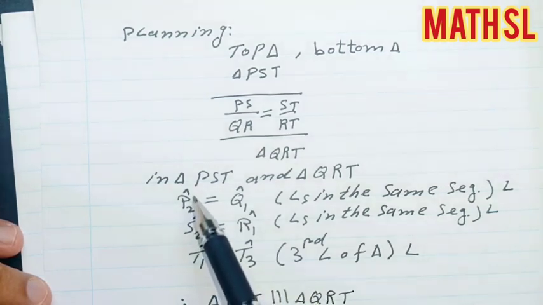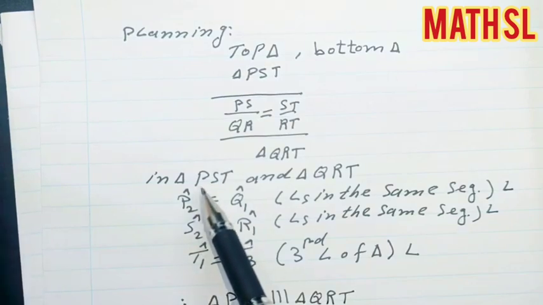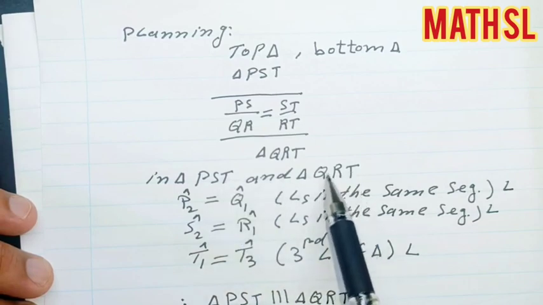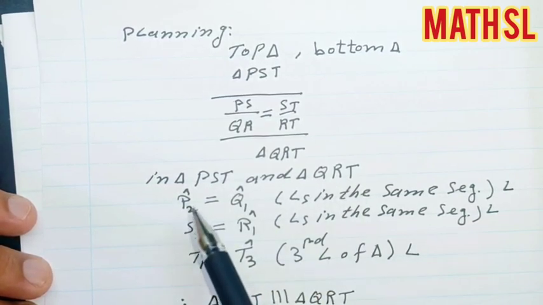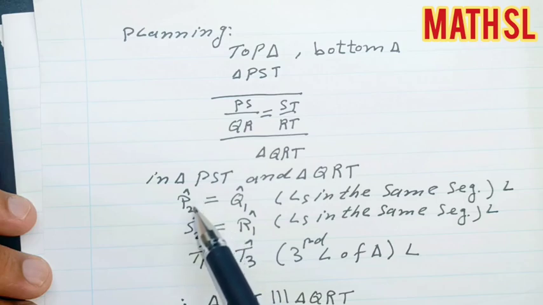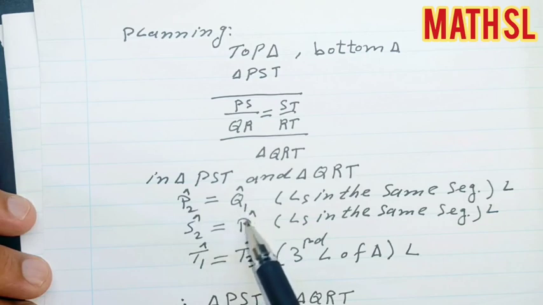So you have to look from here. Even though you could decide on top it can be SPT or RQT, when you come here, you have to follow the protocol. You have to follow the order of the letters according to how we proved the angles. So we pay attention to the order of the letters PST and then QRT.